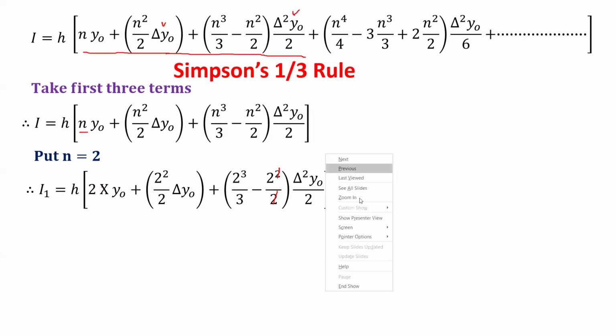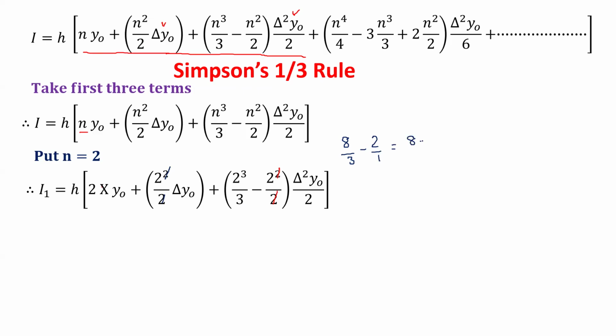In the first bracket the 2 cancels and we have only 2. In the second bracket, we have 8 by 3 minus 2. So by cross multiplication we have 8 minus 6 by 3, and we get 2 by 3.